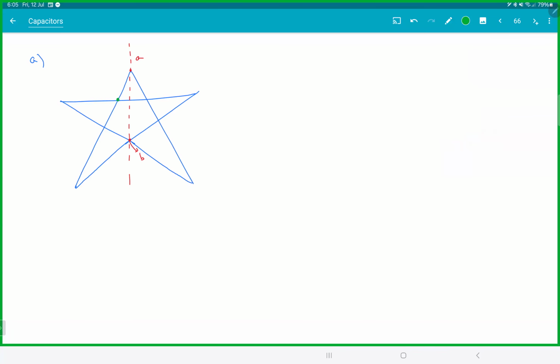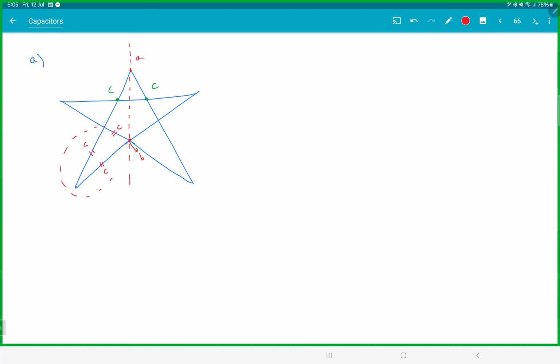That means this point is C. This point is also C. Right? That point can be removed. And top of it, if you look at this branch here, this is C, this is C, and this is C. This is C and C is C by 2, C by 2 and C.